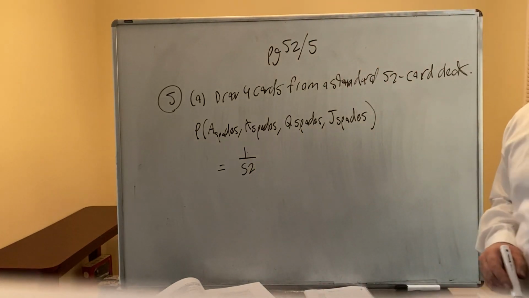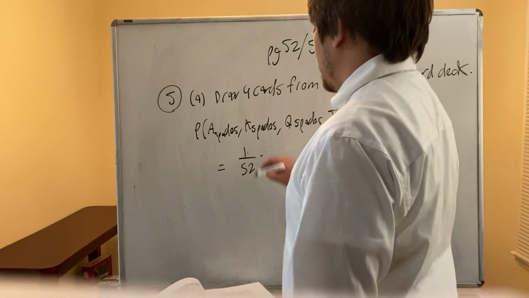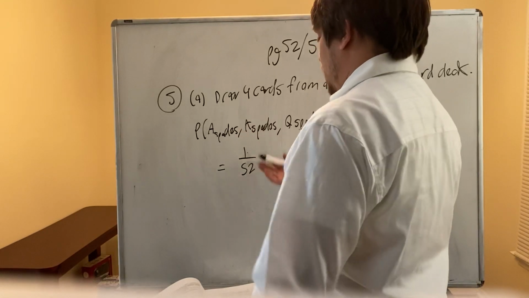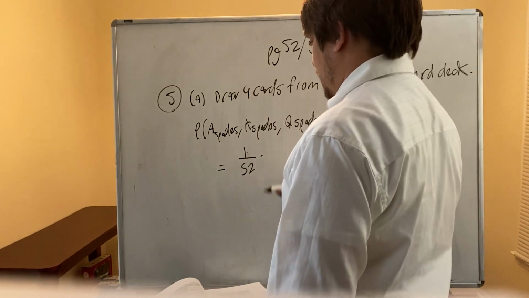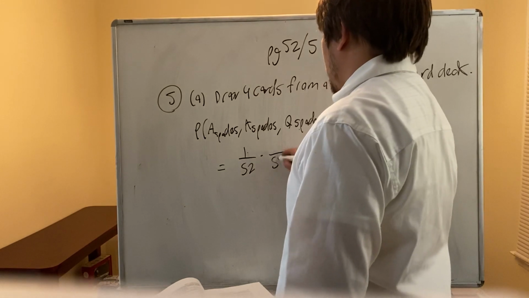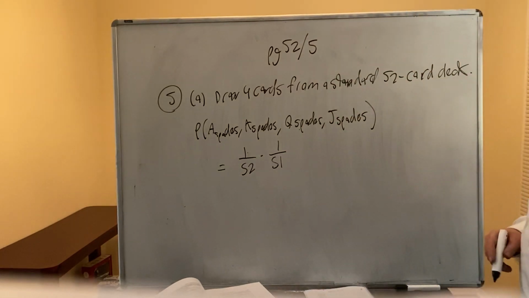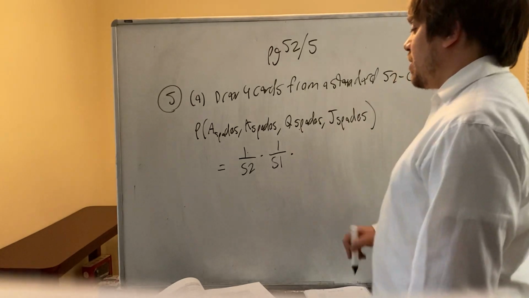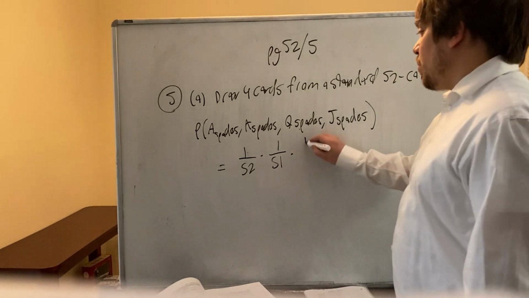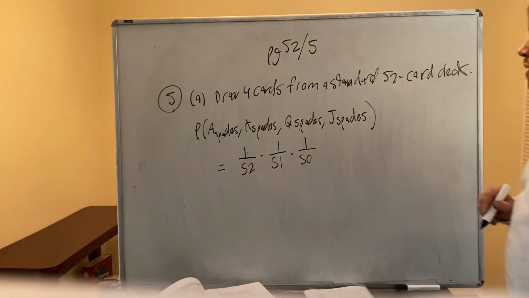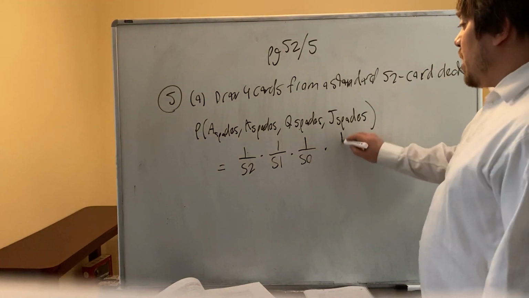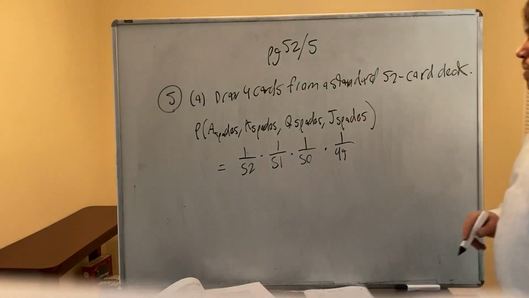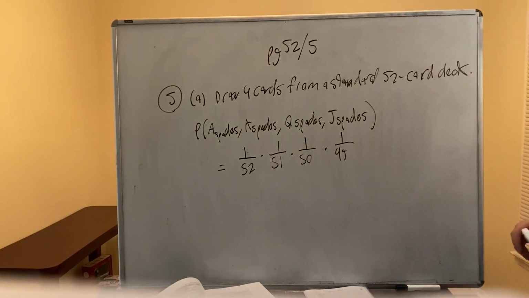It's only 1 ace of spades out of 52 cards in the deck. Times, now after you choose your first card, there's only 51 cards left, and only one of them is the king of spades, so times 1 over 51, times, now there's only 50 cards left in the deck, and only one out of 50 is the queen of spades, so times 1 over 50, times 1 over 49, because only one of the remaining 49 is the jack of spades. And so you get the product of those 4 fractions, and that product is the probability. So that's part A.